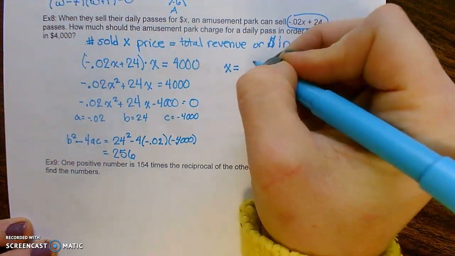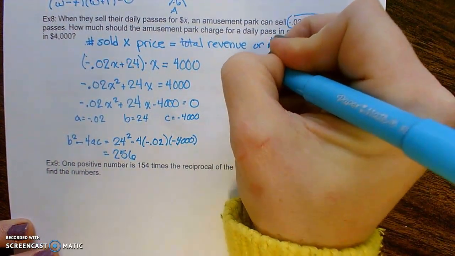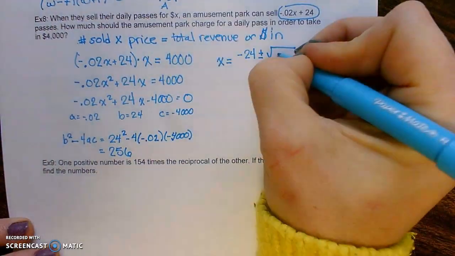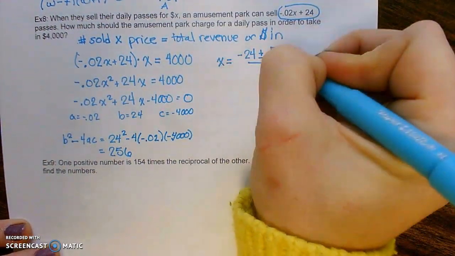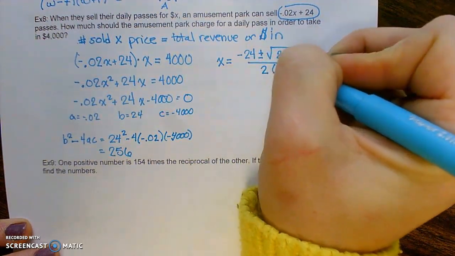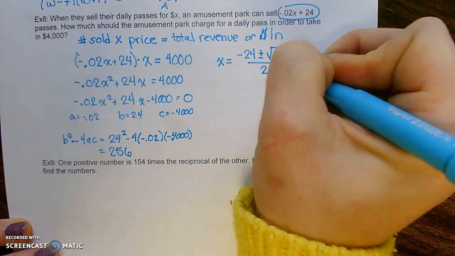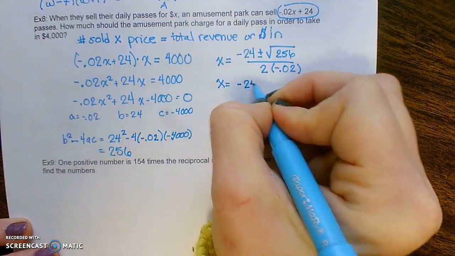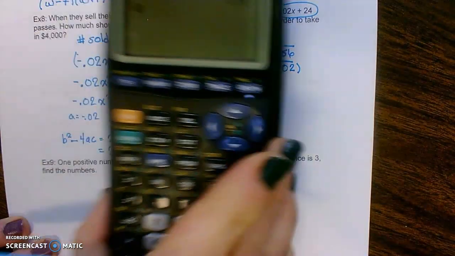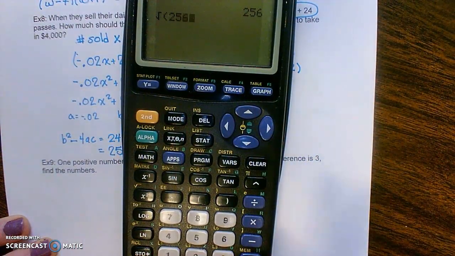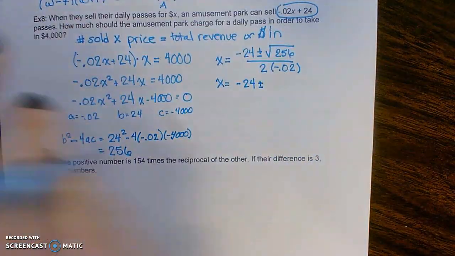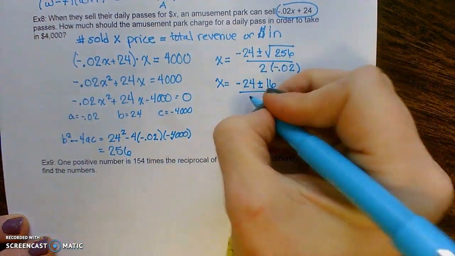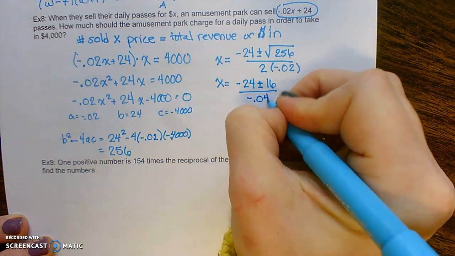x equals negative b, so negative 24, plus or minus the square root of the discriminant, all over 2 times a, which is negative 0.02. So this is negative 24 plus or minus the square root of 256, which is 16, all over 2 times negative 0.02, which is negative 0.04.